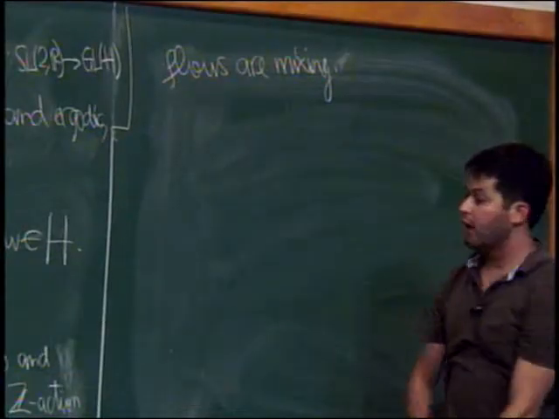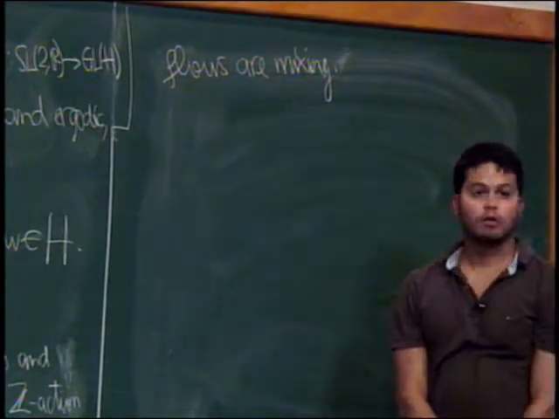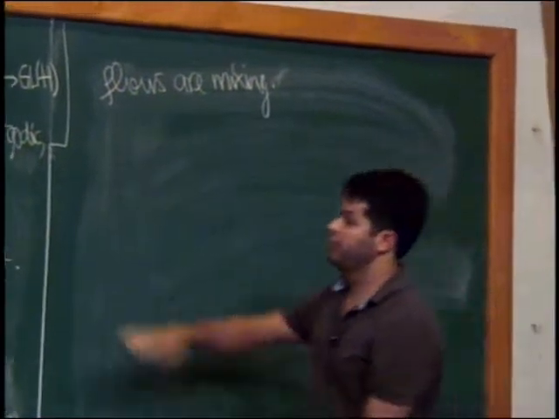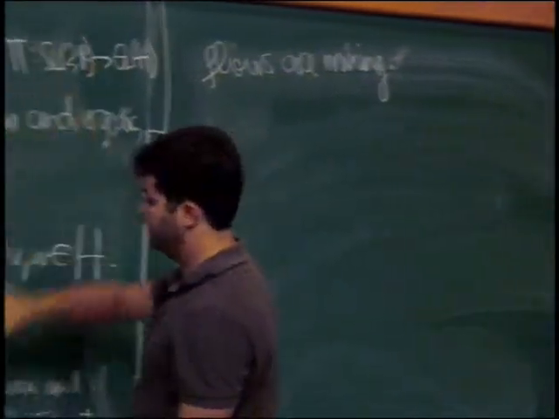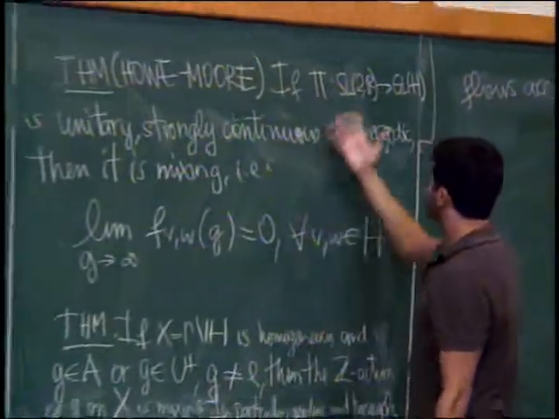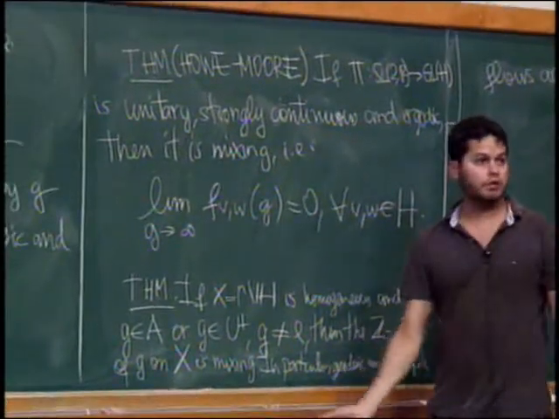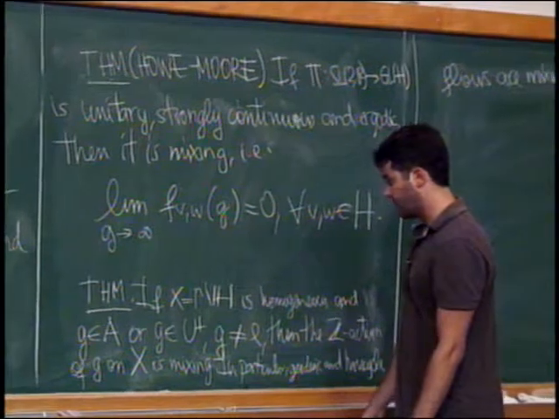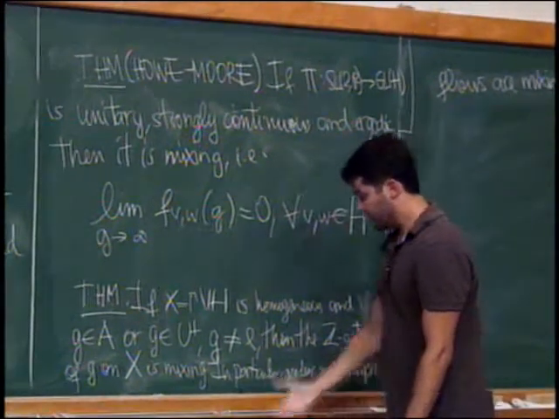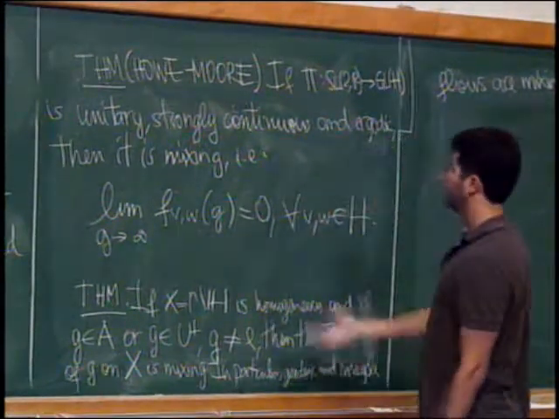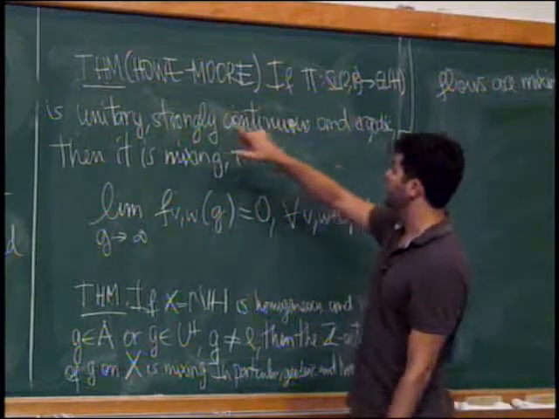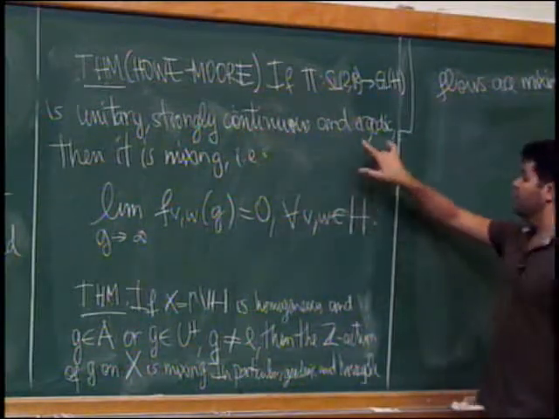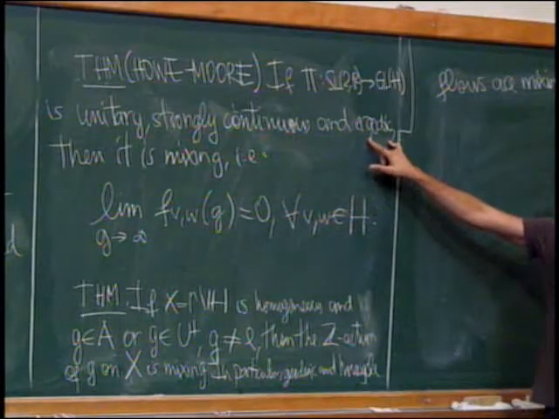Okay? So how do we prove this? Naturally, you have to consider the Koopman-von Neumann representation, which is going to be unitary and strongly continuous. And is it going to be ergodic or no? Yes, right?